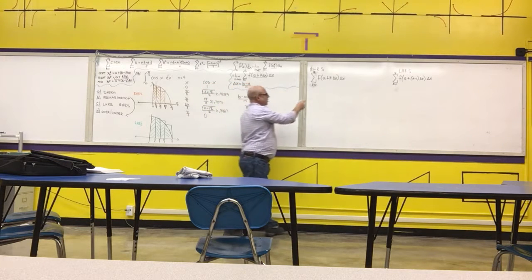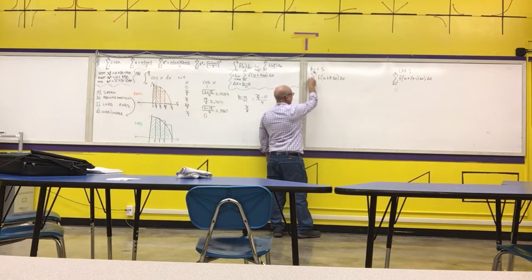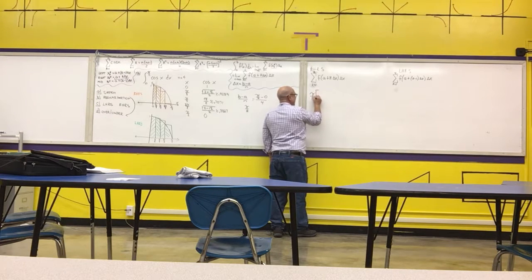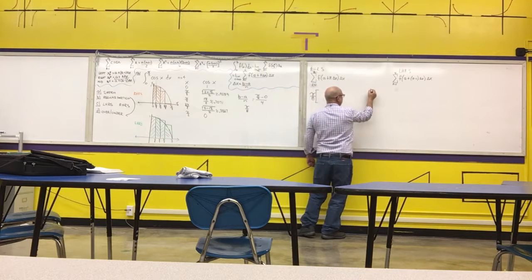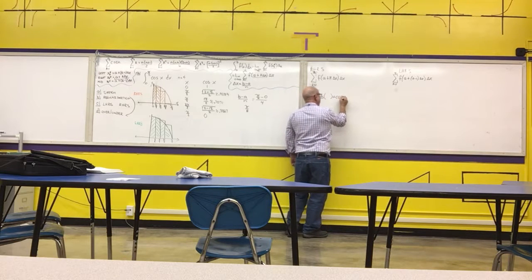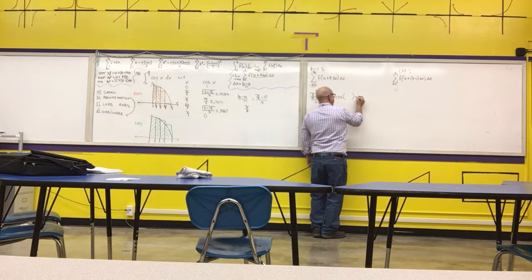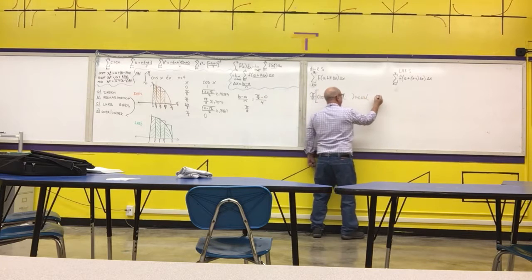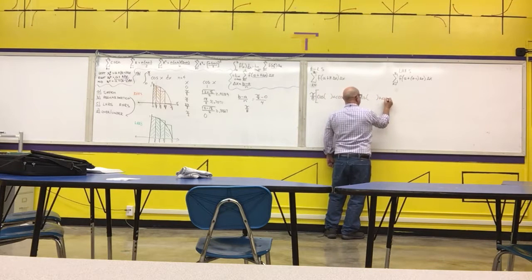So what I'm going to do is pull the pi eighths out front, and then write my sum in expanded notation. So it's the cosine of the first point plus the cosine of the second point plus the cosine of the third point plus the cosine of the fourth point.